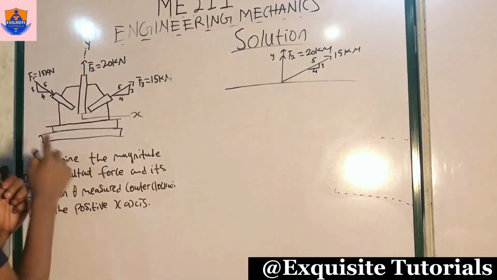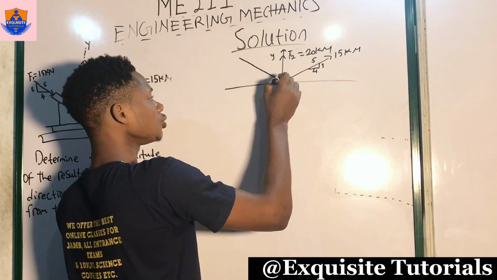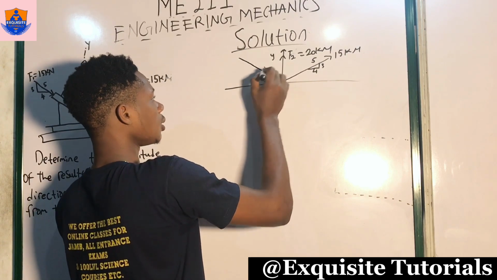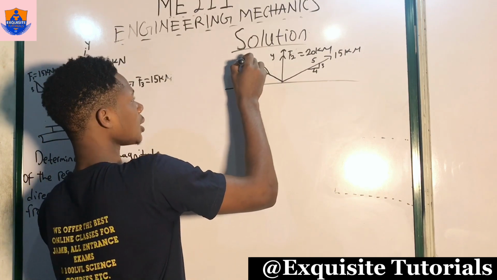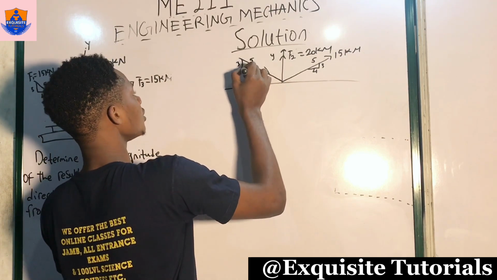And then for this other vector we're having a force of 15 kilonewtons as well, and the direction is given as a smaller triangle. We have 5, 3, and 4.